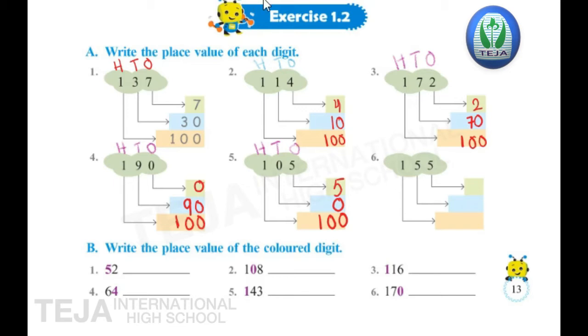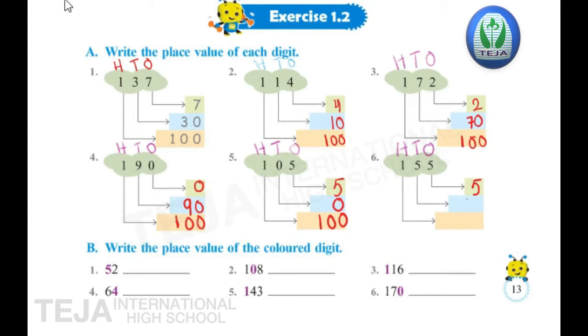Okay, children. Now last, sixth one. Here the number is 155. Here 5 is in ones place. Next 5 is in tens place and 1 is in hundreds place. So the value of 5 will remain the same as it is in ones place. Write 5 in the box. Next 5 is in tens place.